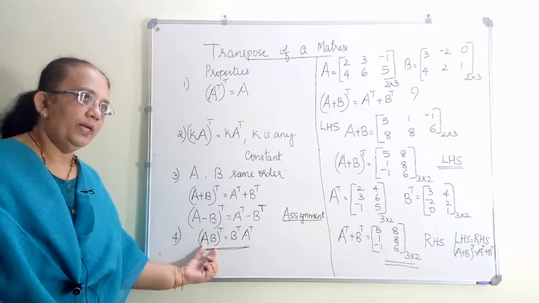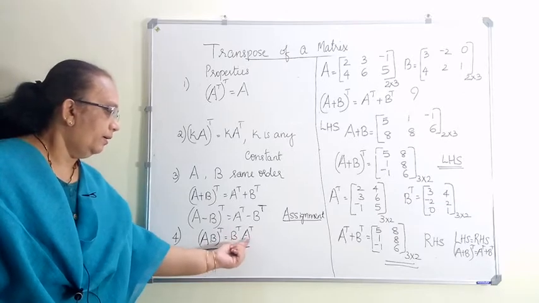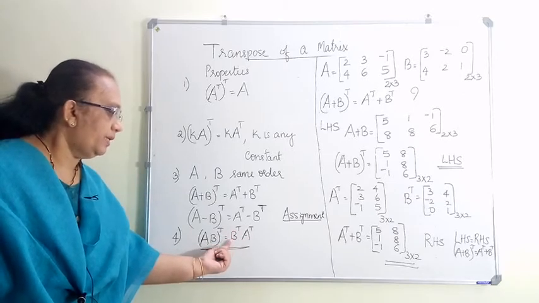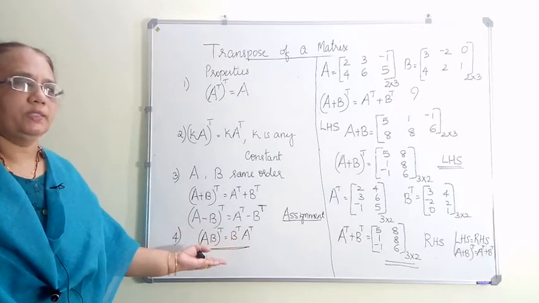First you find out A into B. Its transpose is equal to the reverse order. B transpose comes first. B transpose into A transpose. This is also a frequently asked question.